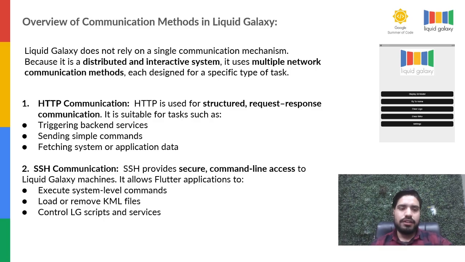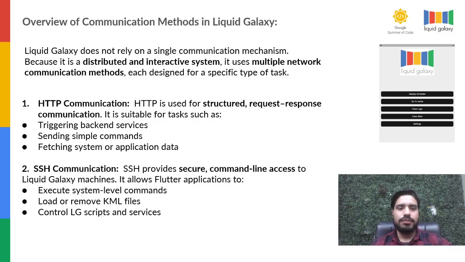So HTTP communication, SSH communication, and socket communication. These are some methods through which we can communicate with Liquid Galaxy. But which among these is best for Liquid Galaxy? We will know when we know all of these communications in detail. So let's go into the details of these communications.